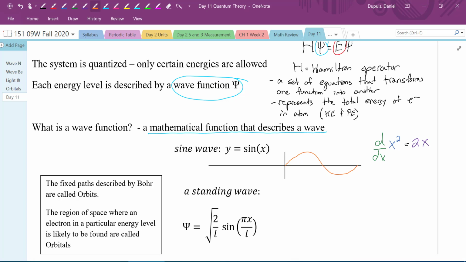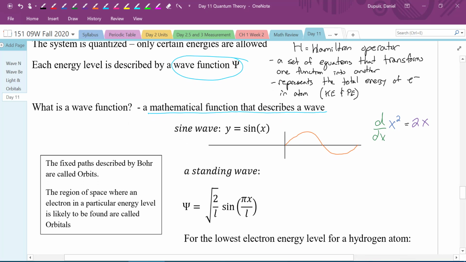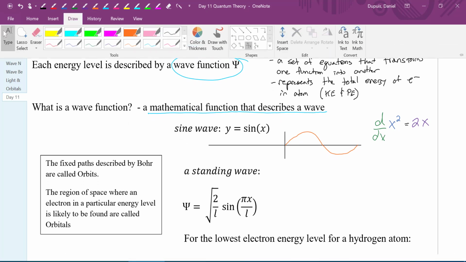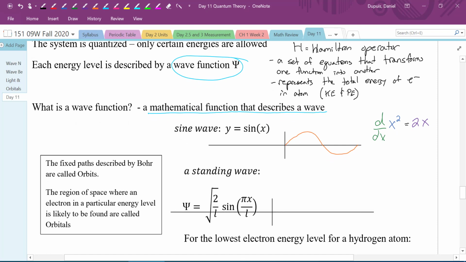Well, getting to a standing wave, the standing wave here looks a little bit different. It's where we have a wave that goes up, hits that point, comes back. Or, right, we did those earlier, where this is L from that point to that point. That's the length.